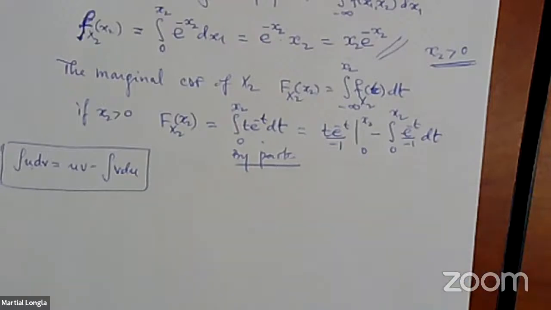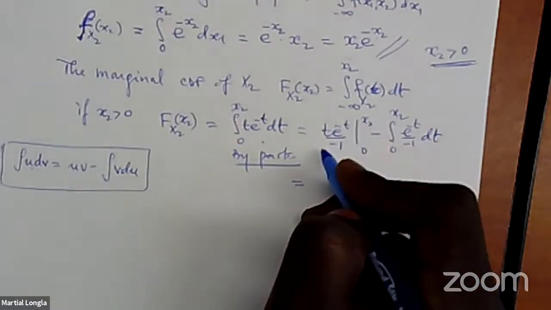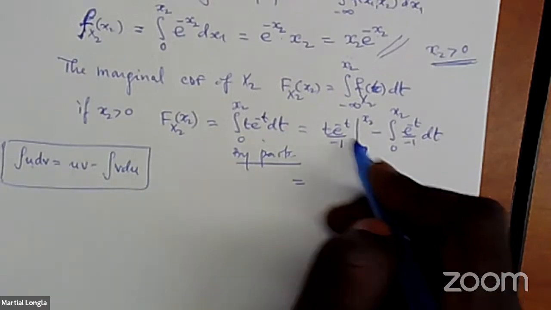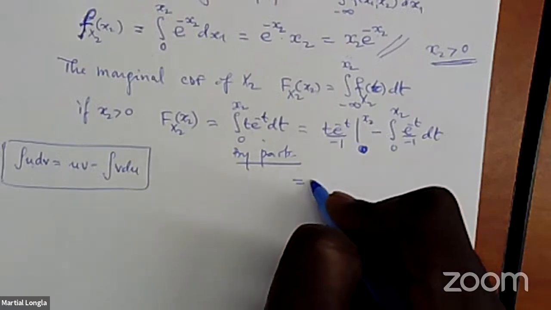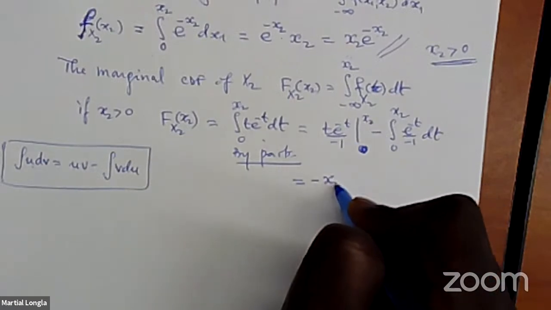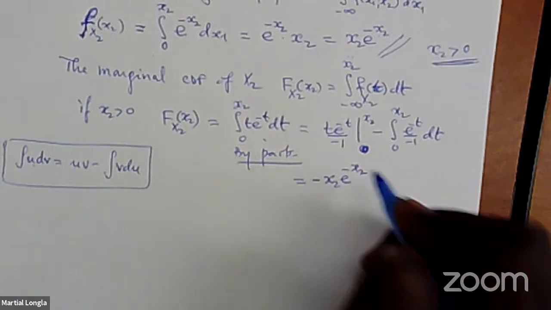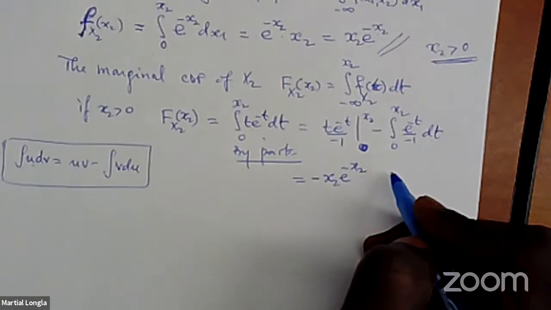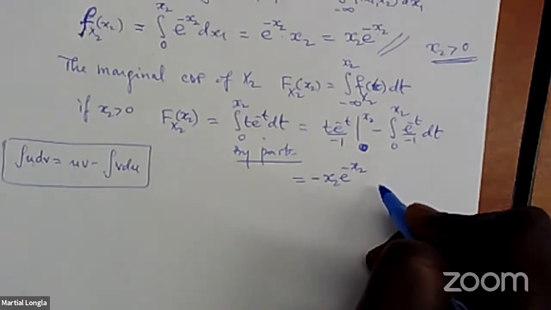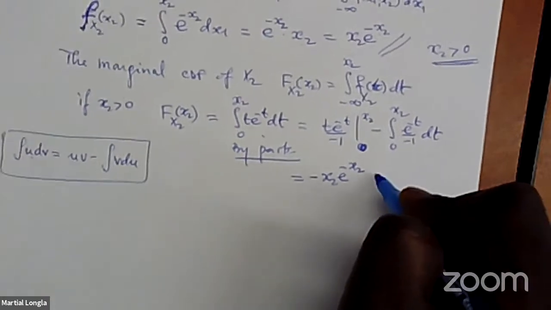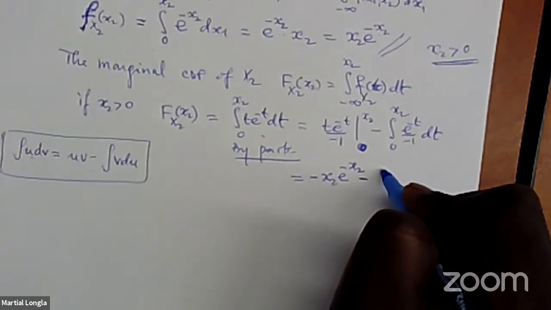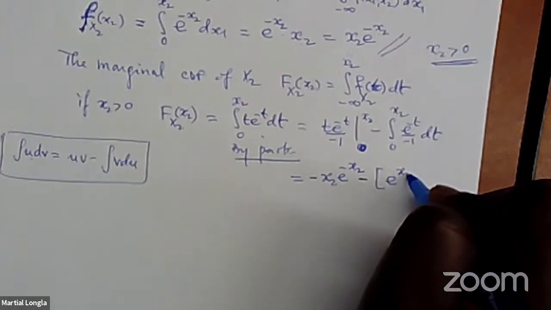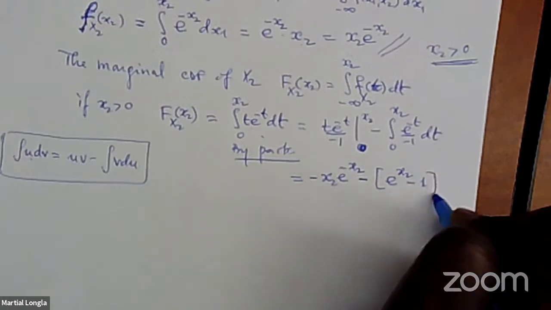And then the parts give this. So you can plug in the numbers. When you plug in t equals 0, you get 0. When you plug in x2, you get minus x2 e to the negative x2. And then you integrate what you get here. Minus, and then e to the negative x2 minus 1.